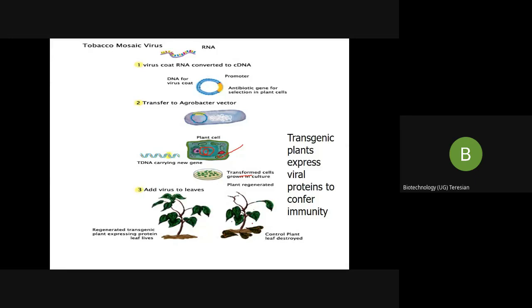But you see, this control plant is not carrying any transgene, so it will die. That is the meaning of this coat protein. So the transgenic plant expresses the viral protein to confer immunity. Even this is acting like a vaccine. It is triggering the immune system of the plant.